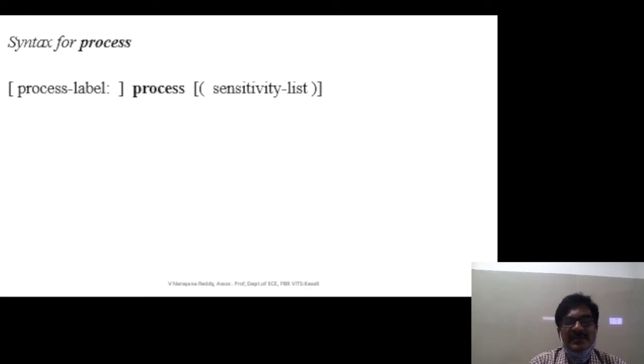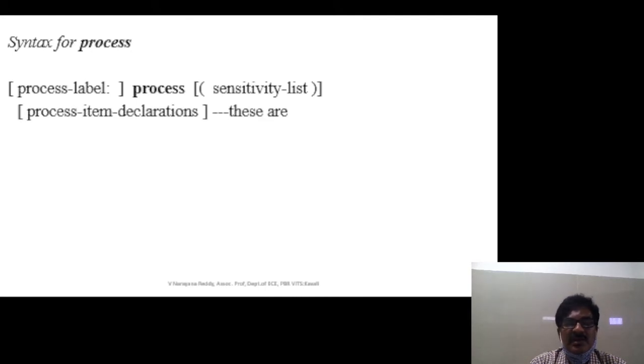Otherwise just process with a sensitivity list, that means on which inputs or signals the process is sensitive, that is, it will be executed. That means the sensitivity list is also optional, whether you include it or not.